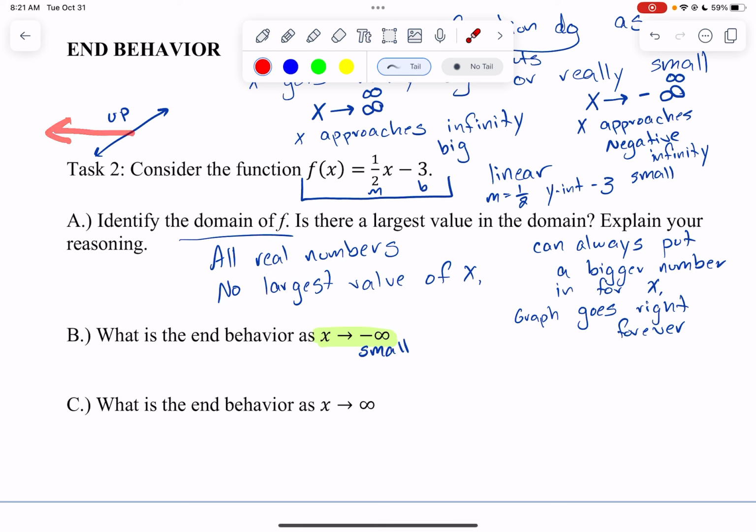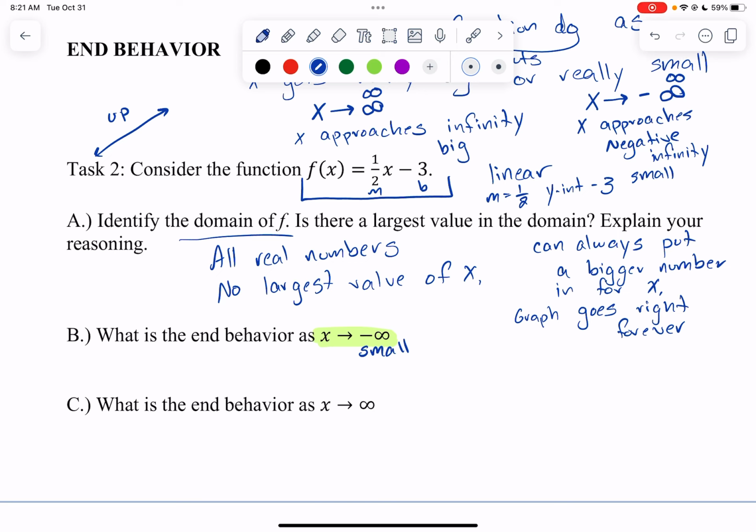Because as x goes to negative infinity, negative numbers go this way, and x is going to get really, really small. What's happening to this graph as we go this way? Well, we know it has a positive slope, so going to the left, my graph is going down. What numbers are down? Positive or negative numbers? Negative numbers are down.